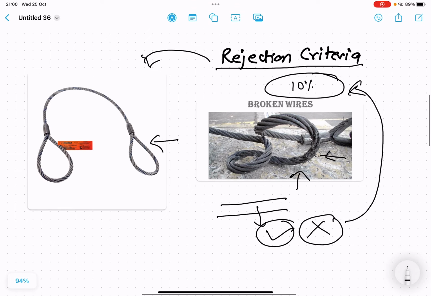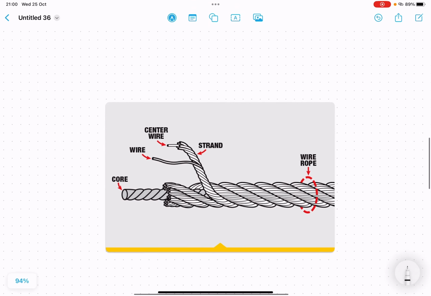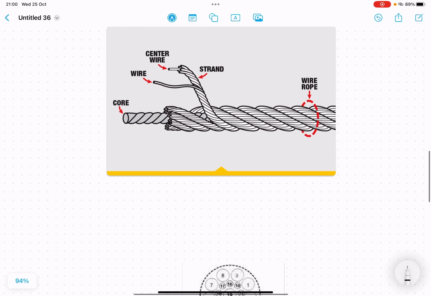In order to understand it in detail, we must first understand how these wire rope slings are made. There is basically one core, and on this core a number of strands are mounted. These strands are made up of single wires, and there is a center wire, and over this center wire a number of wires are mounted.